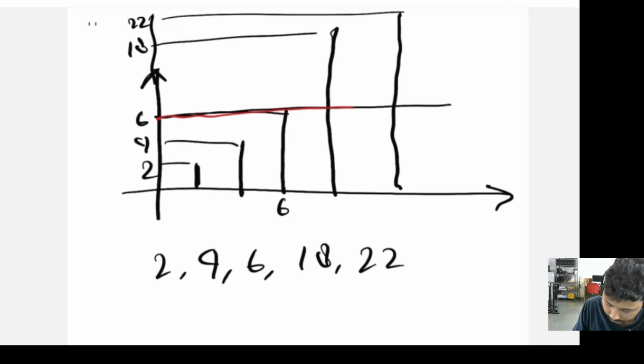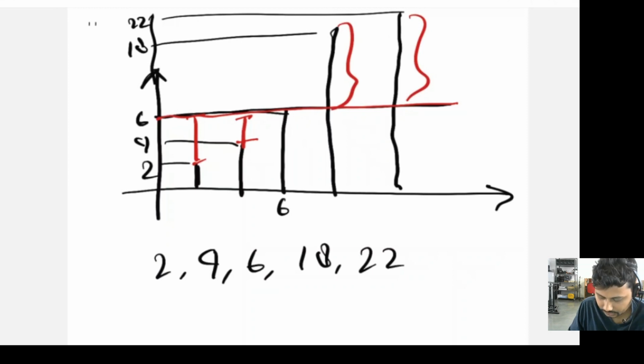We have to find the difference, this difference plus this difference plus this difference, or oh, not this one, not this one, plus this point. So we are calculating this difference plus this difference.